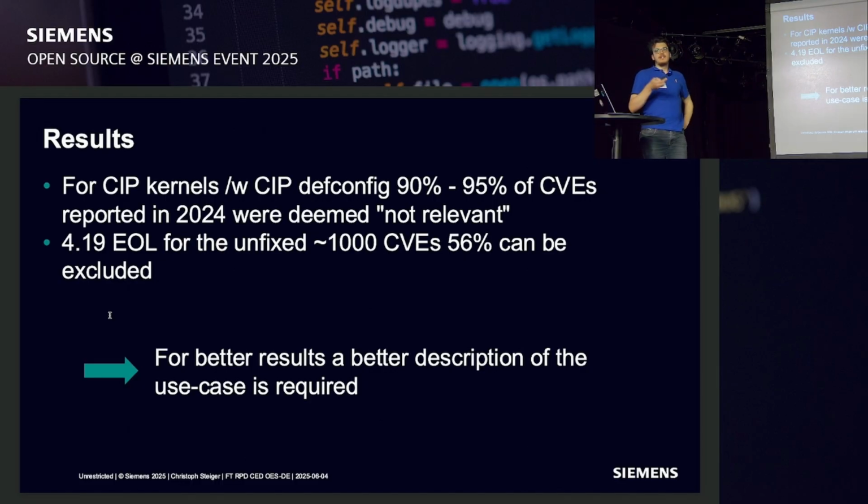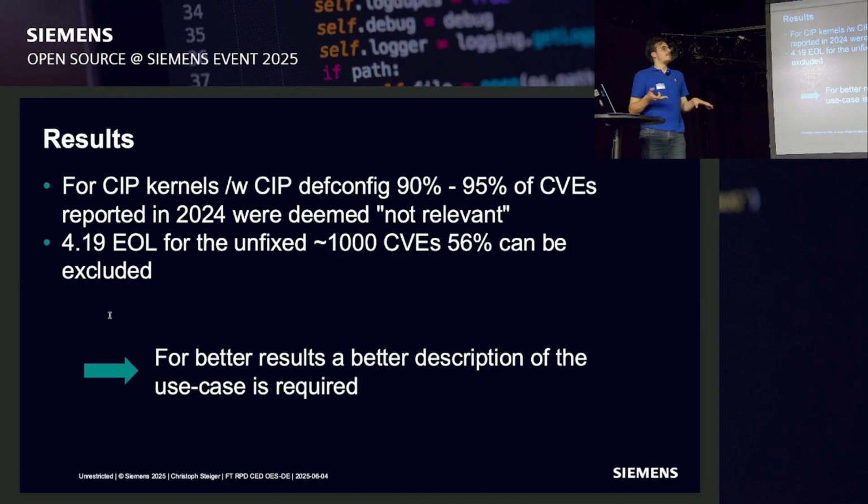Because security is also a threat model, right? If you have an embedded device that is completely in a secure network, you don't need to care about network vulnerabilities. If you don't have a shell, you don't need to worry about privilege escalations because nobody can actually access the shell.